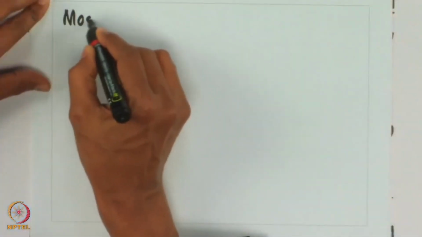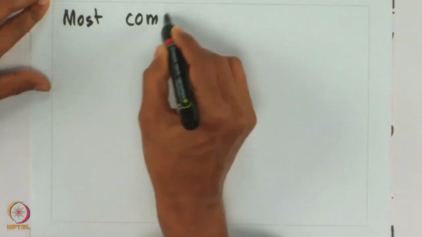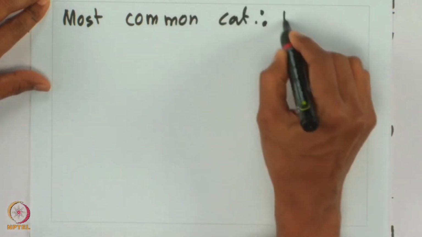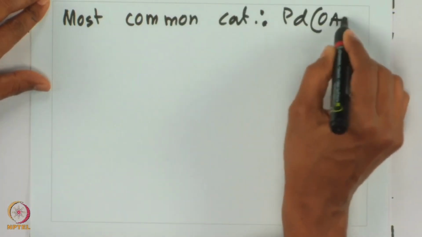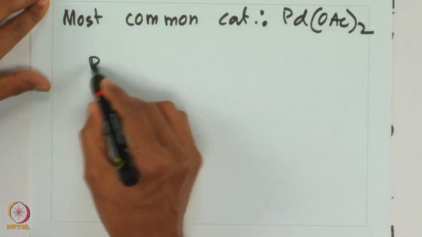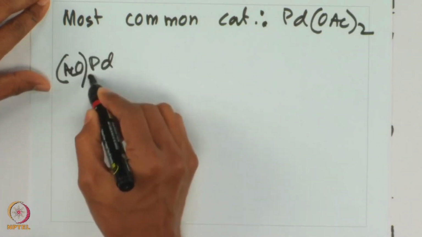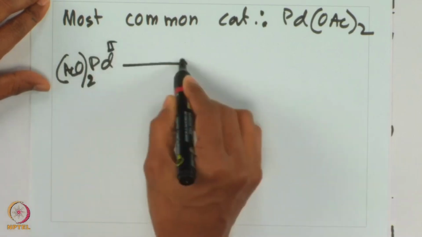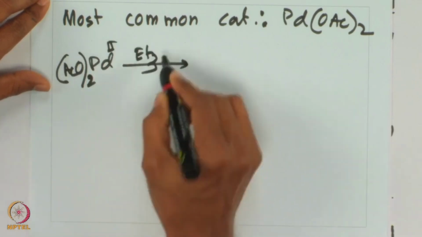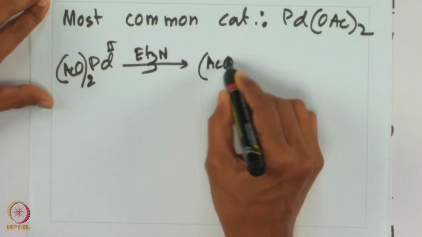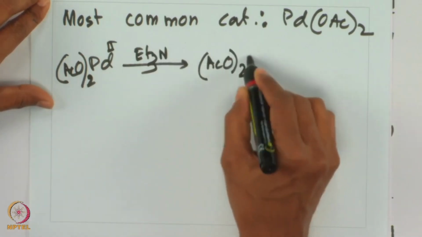Most common catalyst of course is palladium acetate, right. So, how palladium acetate is converted, so this is in palladium 2+ condition, and triethylamine is coming into the picture. So, first question that comes into mind, is it going to bind?